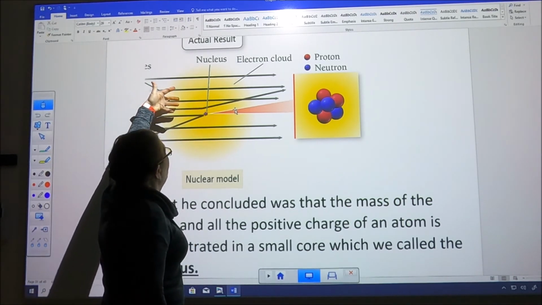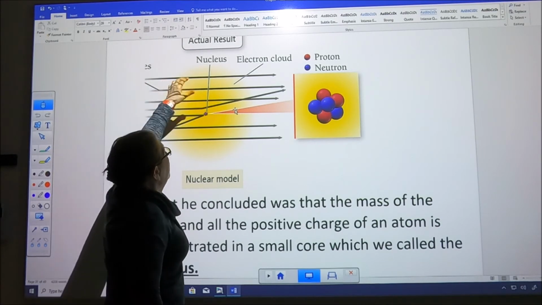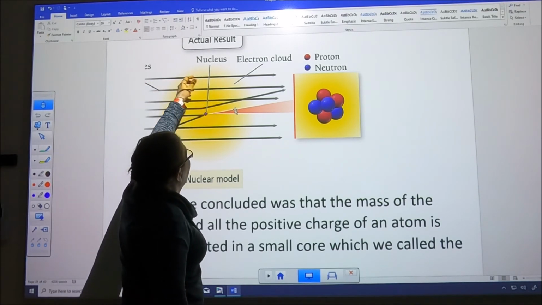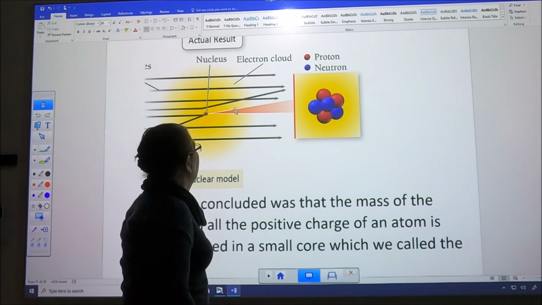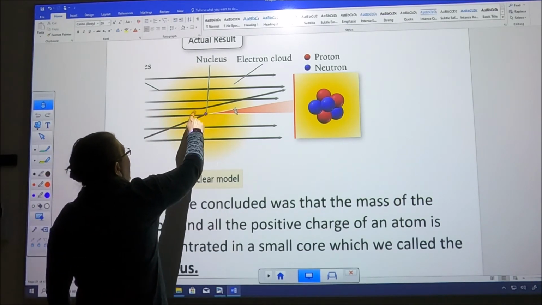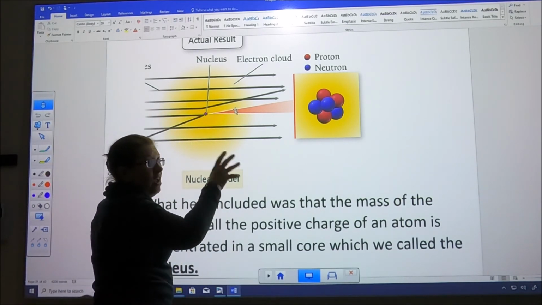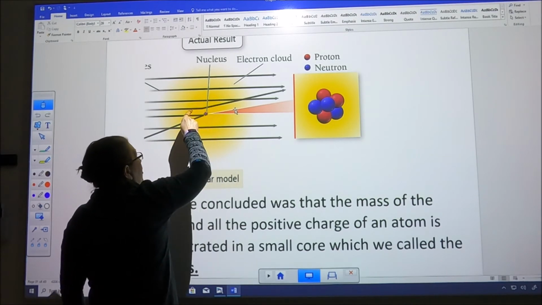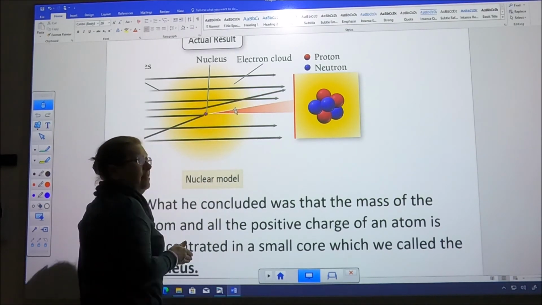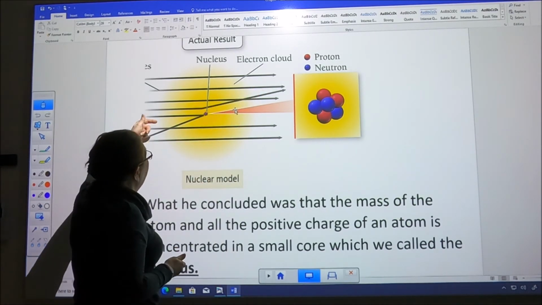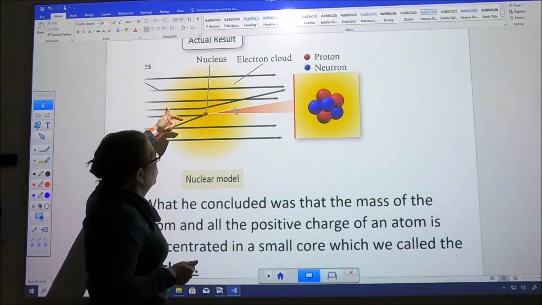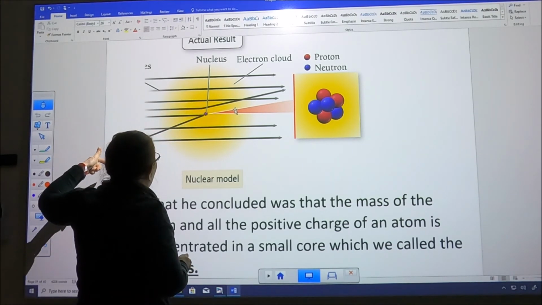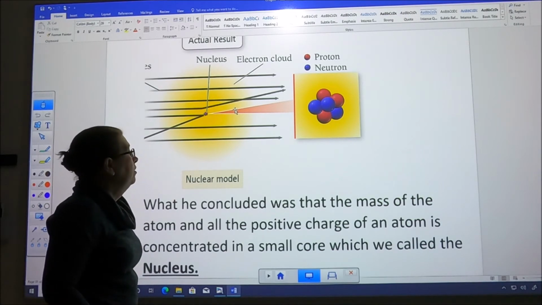As the alpha particles were coming through, if they passed through this outer part of the atom, they went straight through. If they came close to the nucleus, which is the concentration of positive charge in the atom, they got deflected some. If an alpha particle was headed straight at the nucleus, it got bounced back.